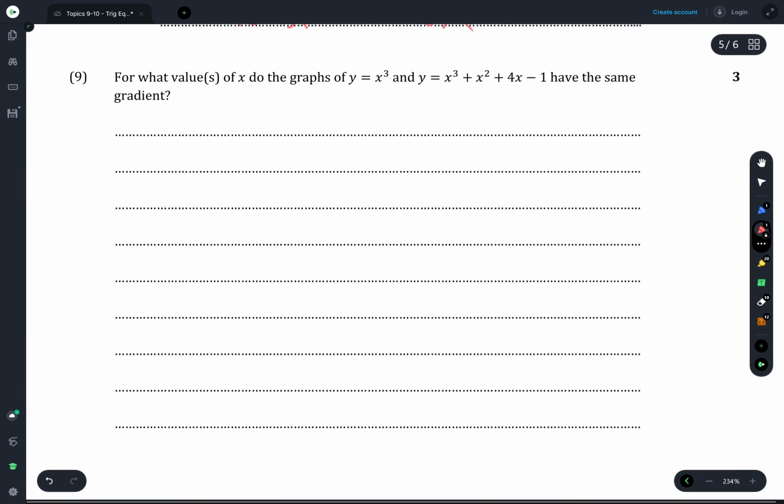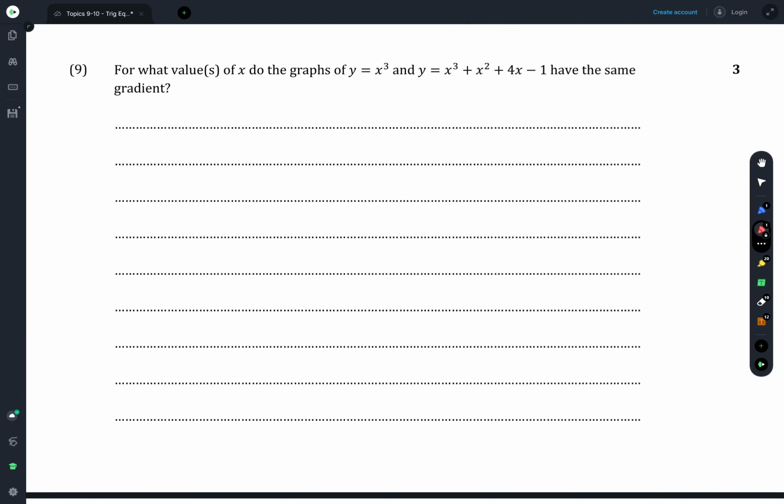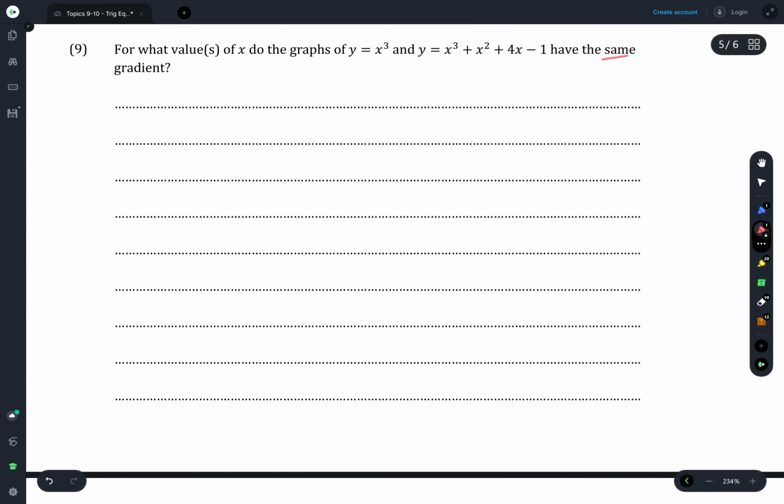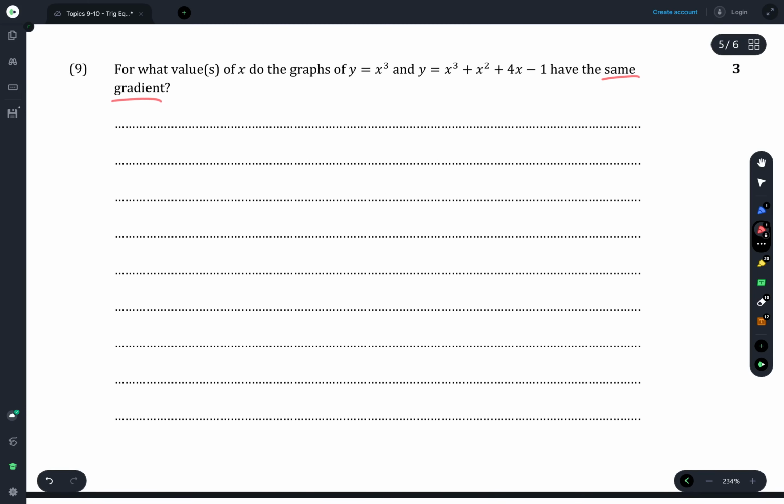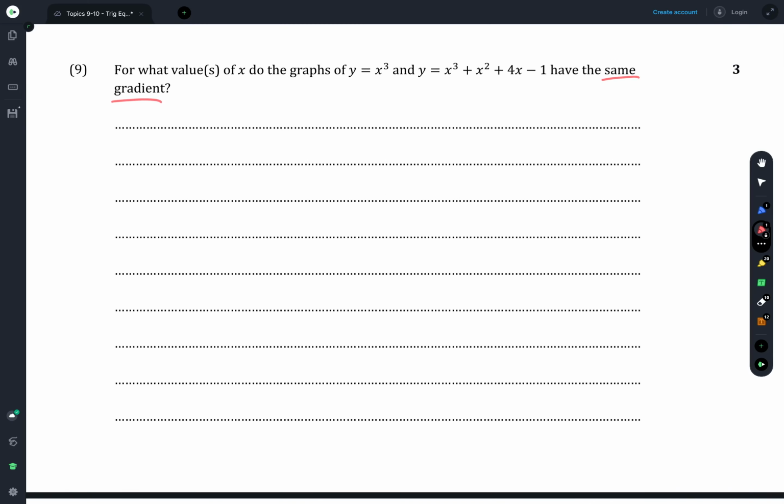And then this last question, for what values of x do the graphs y equals x cubed and y equals x cubed plus x squared plus 4x minus 1 have the same gradient? So same gradient is the key bit here. Gradient, as we know, is found by the derivatives, and same meaning equal. So essentially what we're trying to do is differentiate both of these functions, and then equate their derivatives. That's the equation that we're going to end up trying to solve.